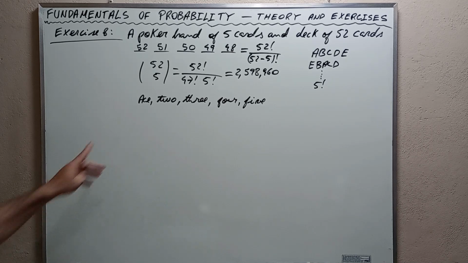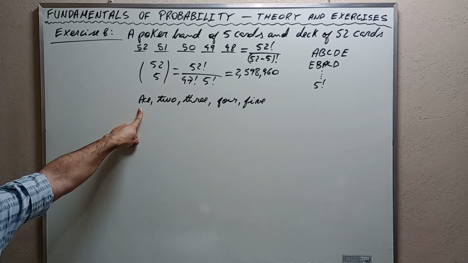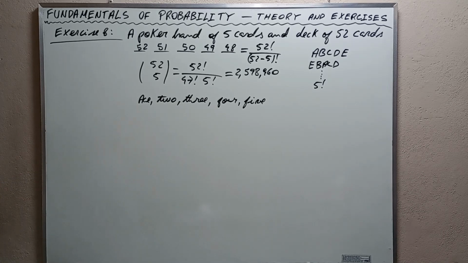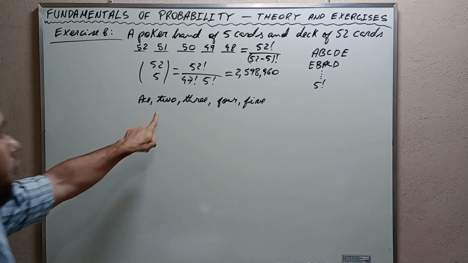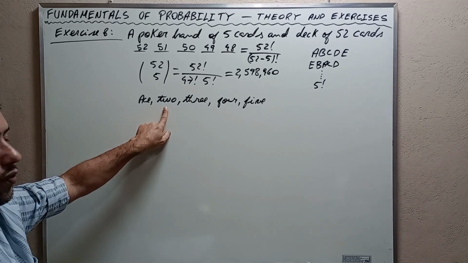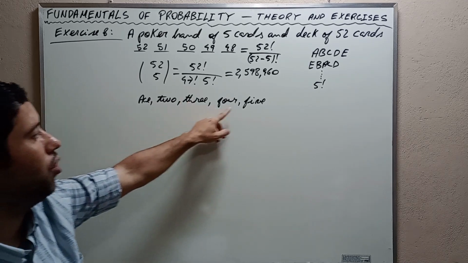Then we're gonna have 4 different aces, one of each suit. Similarly for the 2, the 3, the 4, and the 5, there will be 4 twos of different suits, and so on.